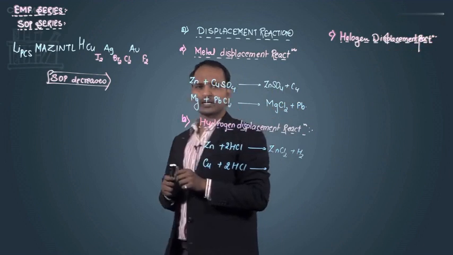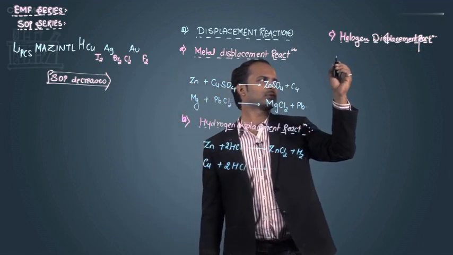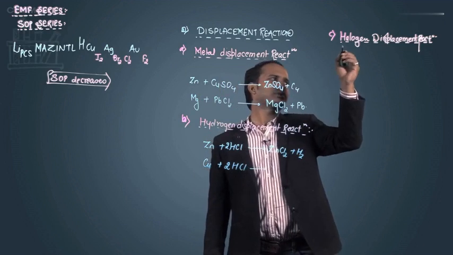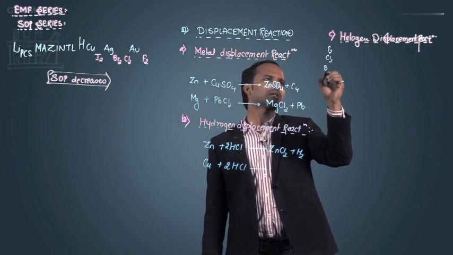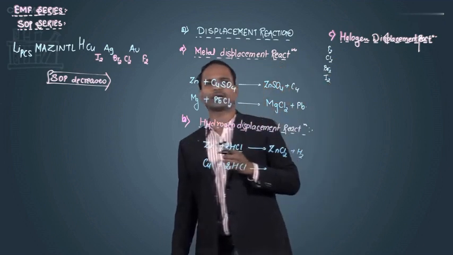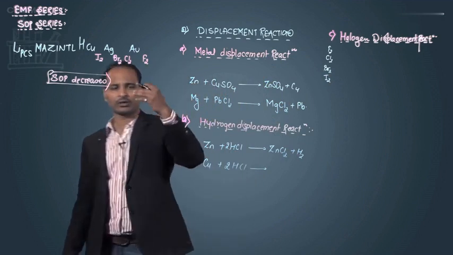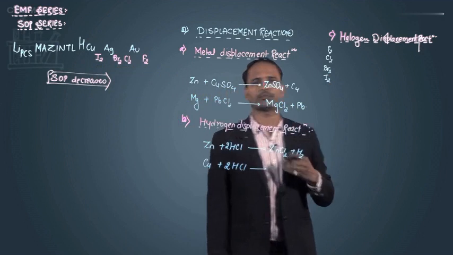Halogens are fluorine, chlorine, bromine, iodine. And we learned in group 17 elements that halogens present on the upper side have a tendency to displace the halogens present below them.